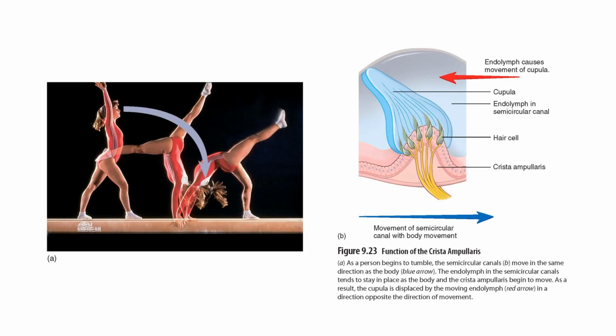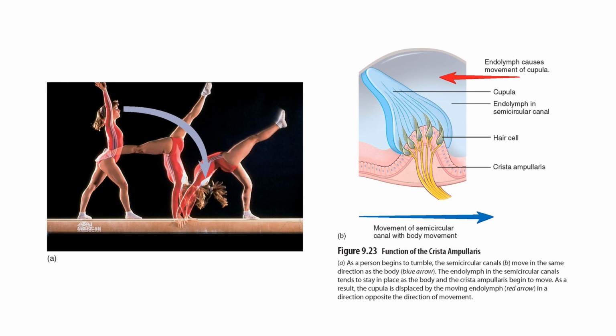So the function of the crista ampullaris. As a person begins to tumble, the semicircular canals move in the same direction as the body. The endolymph in the semicircular canals tends to stay in place as the body and the crista ampullaris begin to move. As a result, the cupula is displaced by moving the endolymph in a direction opposite to the direction of the movement.